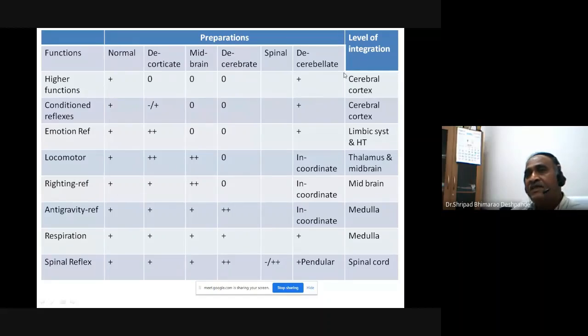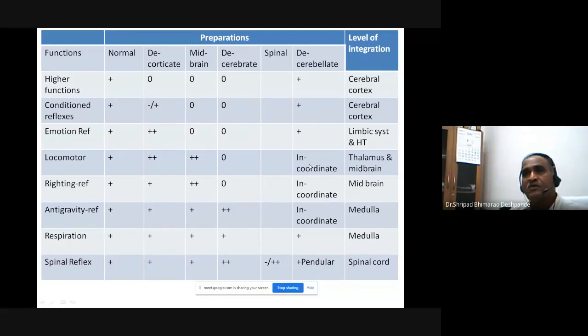Then another preparation is the decerebellate preparation, where the cerebellum is cut. In that situation, higher functions remain normal. The conditioned reflexes may remain normal, but with some ataxic changes, and emotional responses remain.